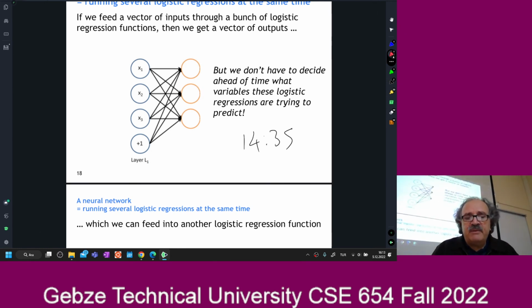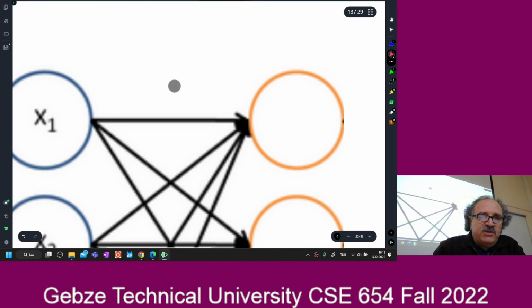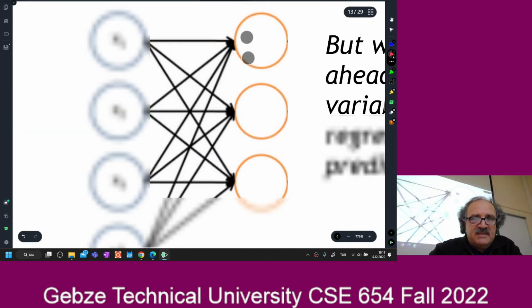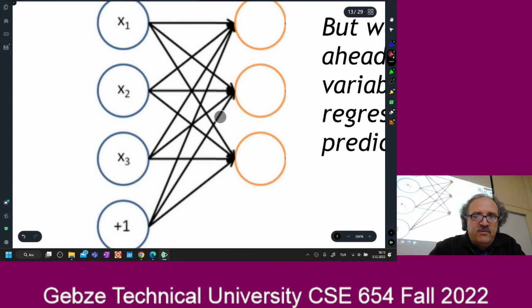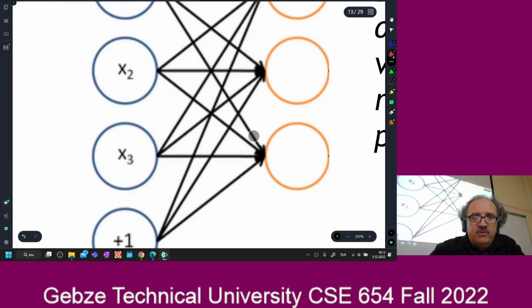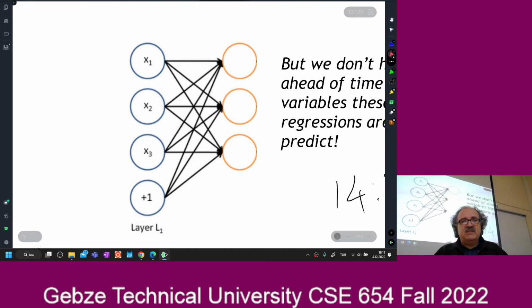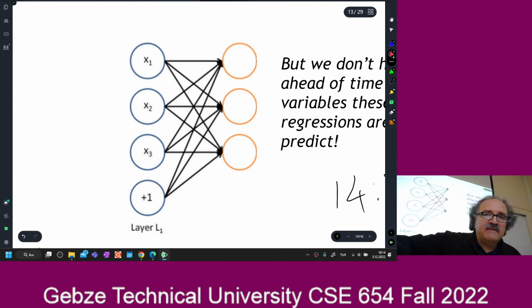I am not talking about anything different than what I talked about before. Again, this one has weights: 1, 2, 3, 4. This one has 1, 2, 3, 4 weights, and 1, 2, 3, 4 weights. So if I put them together, it's going to be a 4 by 3 matrix for this layer.